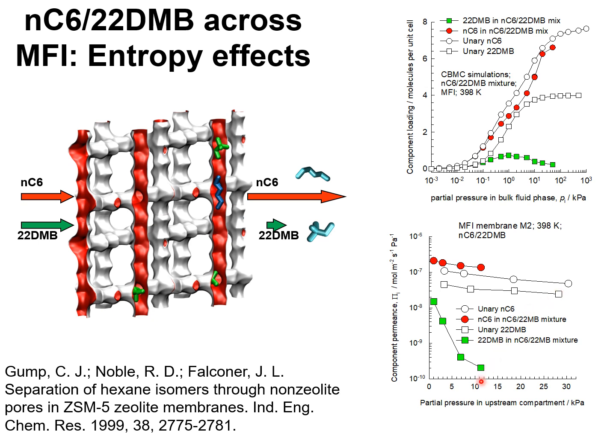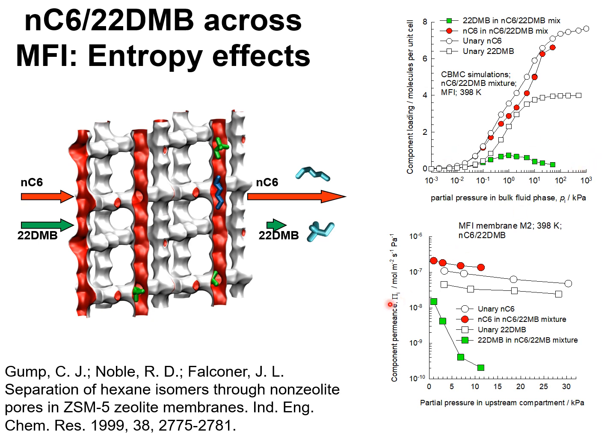We note that the 2,2-DMB permeance in the mixture is reduced by about 2 to 3 orders of magnitude below the value for unary permeance, whereas for NC6 the permeance in the mixture is almost the same as the unary permeance.